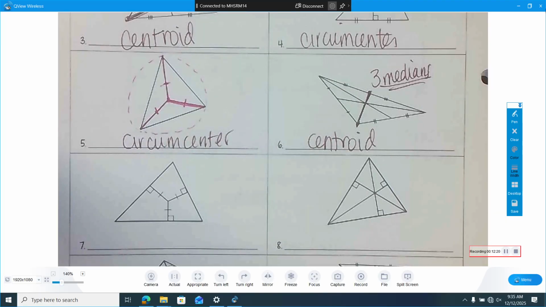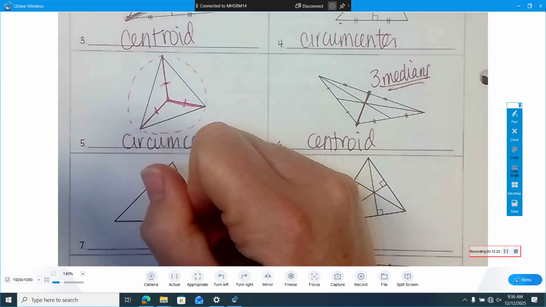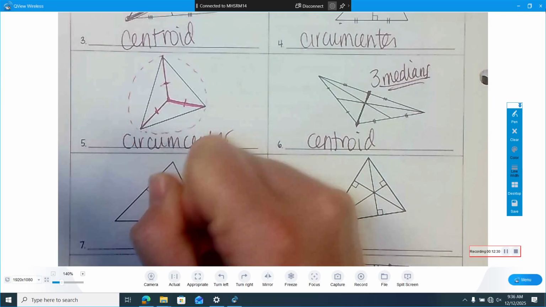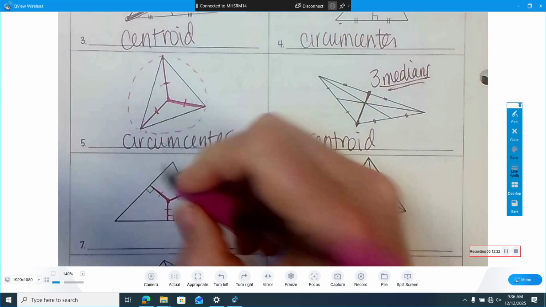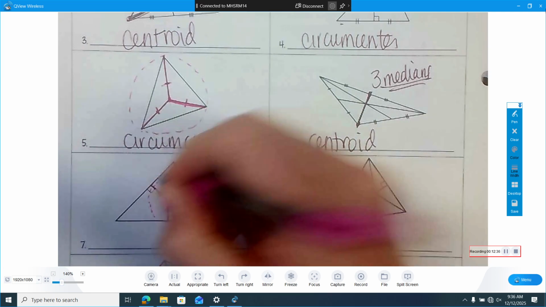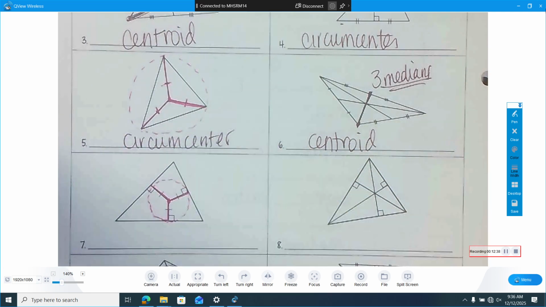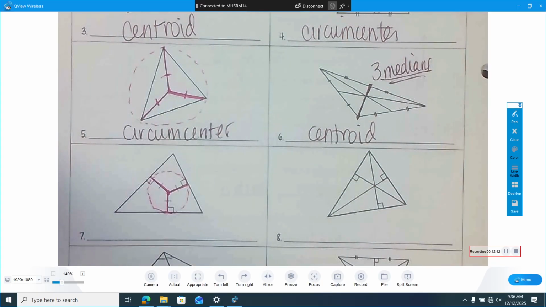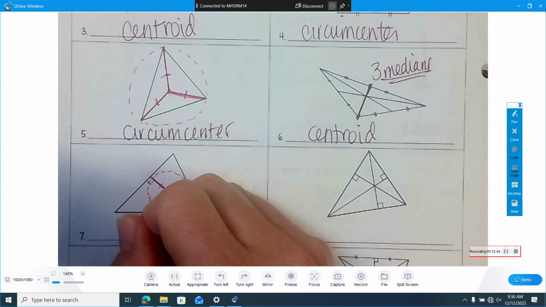Incenter. Once again, they're telling us that we have 3 segments that are congruent, like the spokes of a wheel, and this wheel is on the inside of our triangle. That is incenter, an inscribed circle.